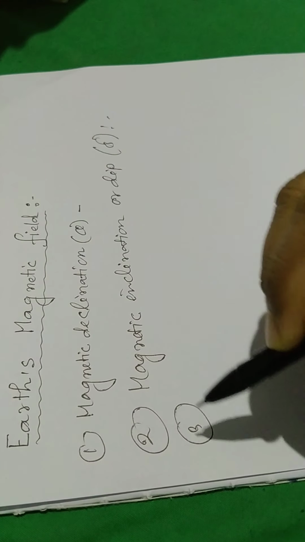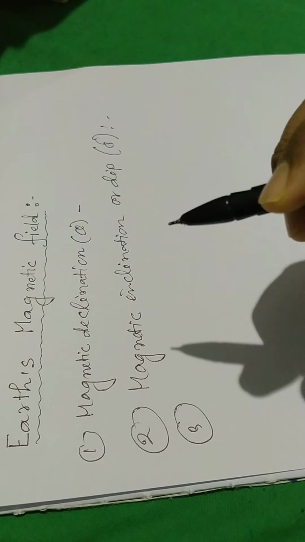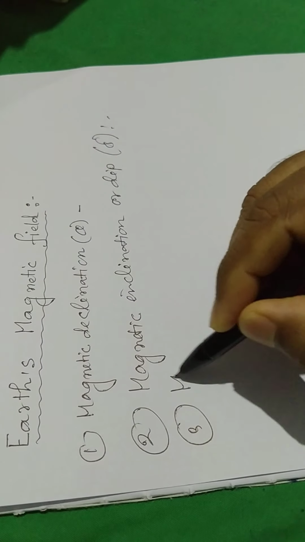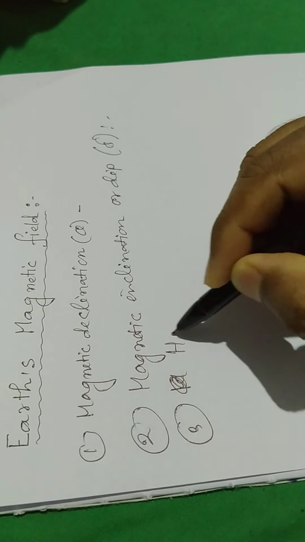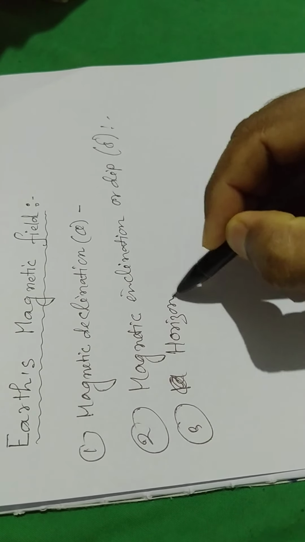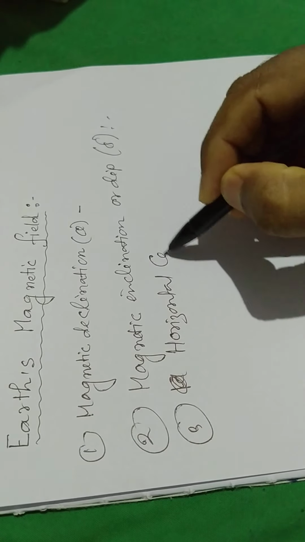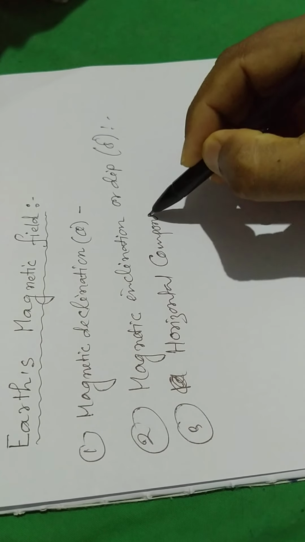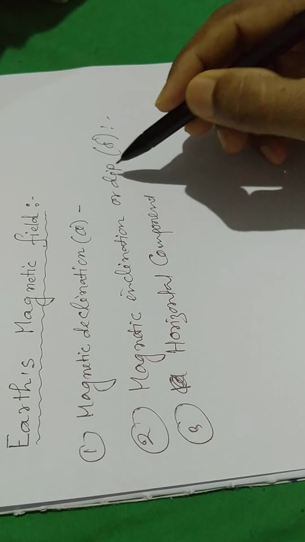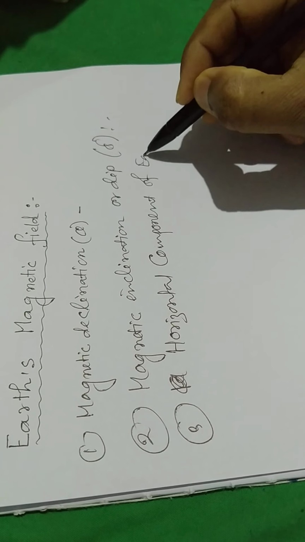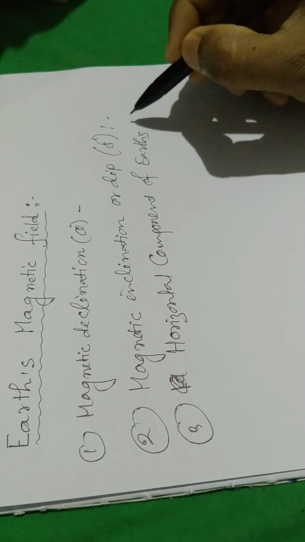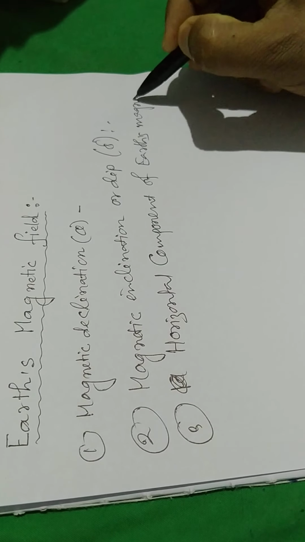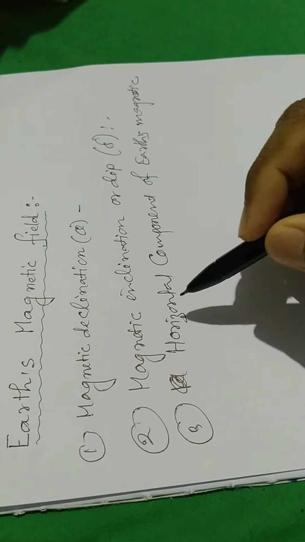Number 3, horizontal component of Earth's magnetic field.